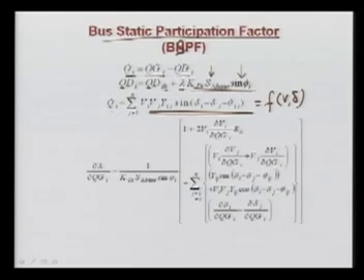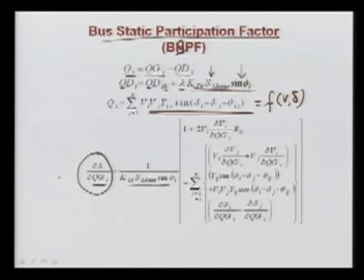If you differentiate the change in lambda with QGi, you get one complete scalar term, 1 plus 2 Vi change in Vi upon del QGi BII. We have taken one factor here and the remaining we are writing here. So this factor is one factor.